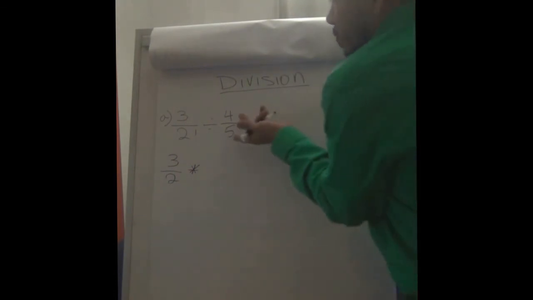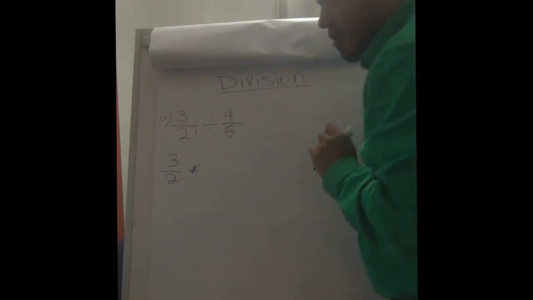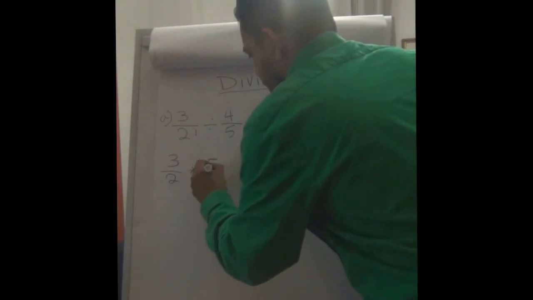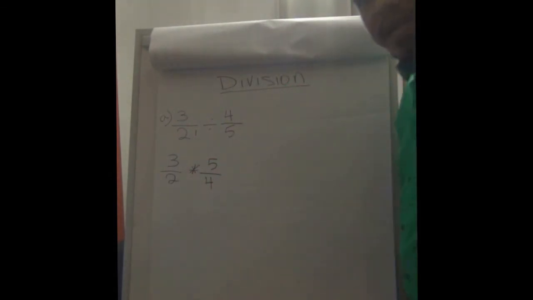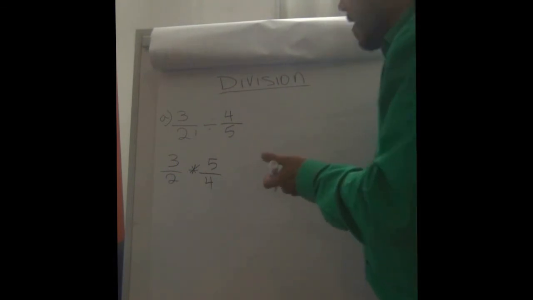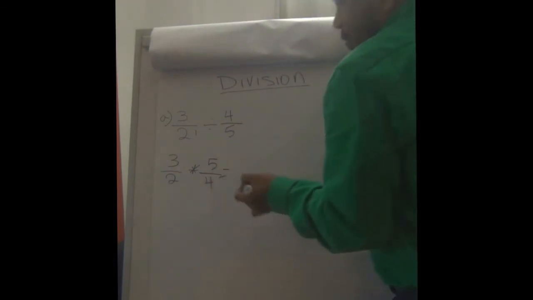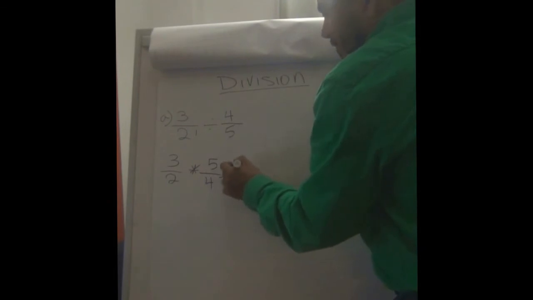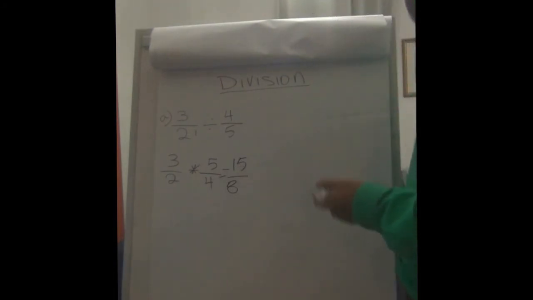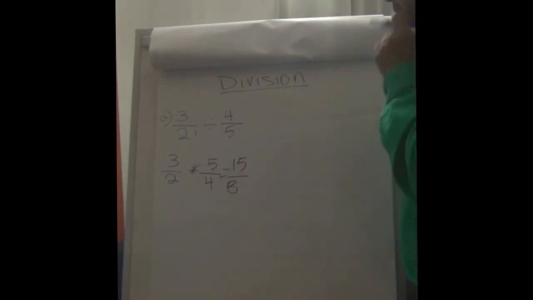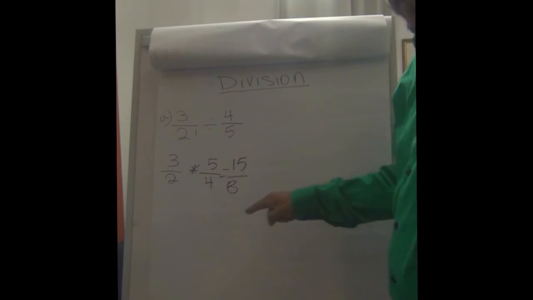And then you are going to flip the fraction. See that? That's basically it. That's how you divide fractions. Now, what do you get? You get 3 times 5 is 15. 2 times 4 is 8. Ugly 8, but hey, it's there. And this is your final answer.